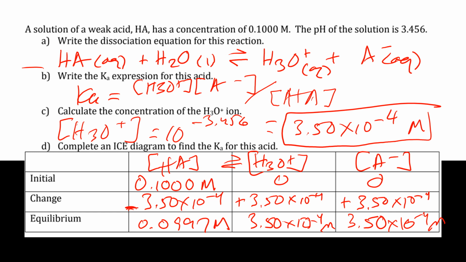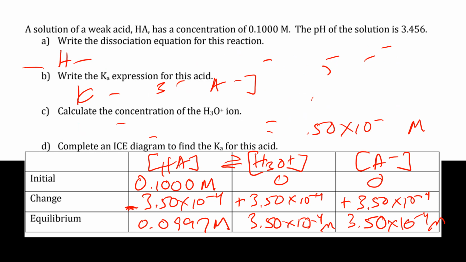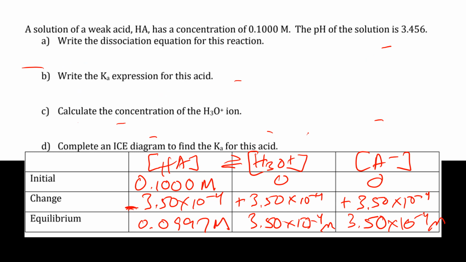Okay, so I'm going to erase the top part now, so I can finish this, because it wants me to find out what is the Ka for this. So all you're going to do is plug in, like we did in the last unit.